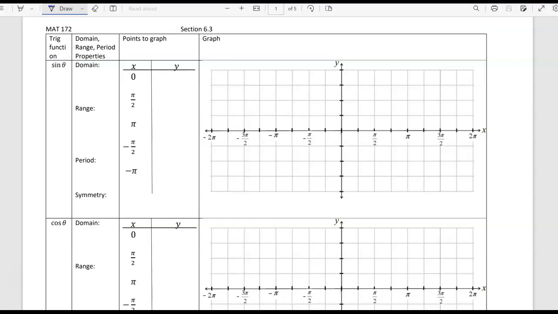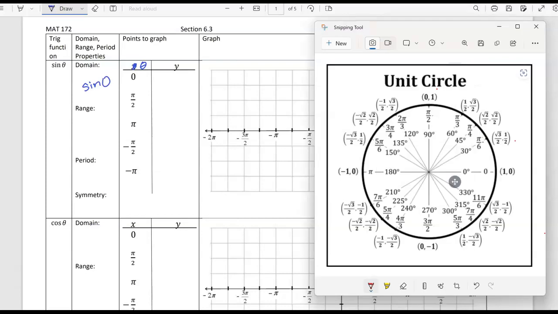So we're asking what happens when x is 0, or when theta is 0, just to be consistent with this. So when theta is 0, we're thinking about the sine of 0. And if we're looking at our unit circle, that's the y-coordinate, remember?